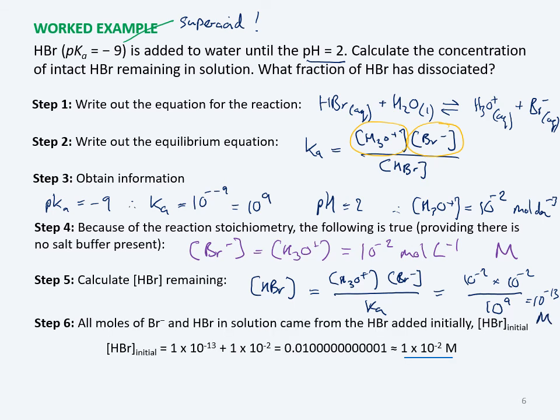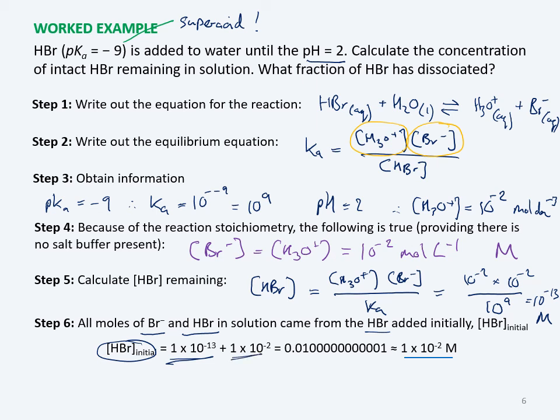Okay, so this here is our answer, 10 to the minus 13. We can say that all of the moles of Br- and HBr came from the HBr initially, so we can calculate our initial HBr. The concentration of Br- is 10 to the minus 2 molar, which we've already written.